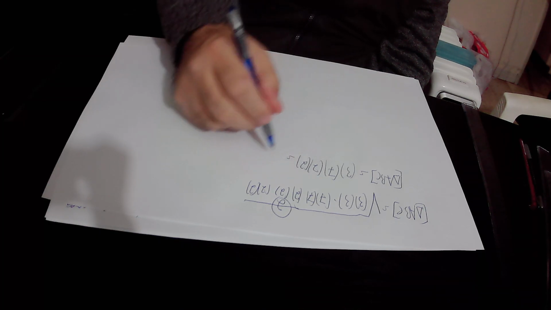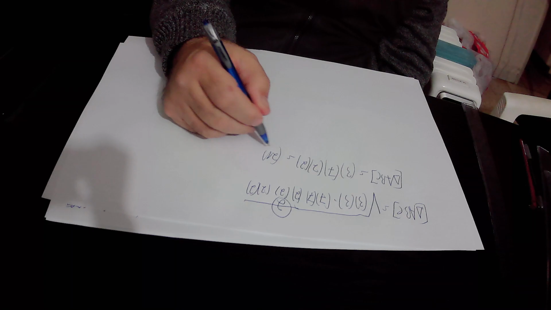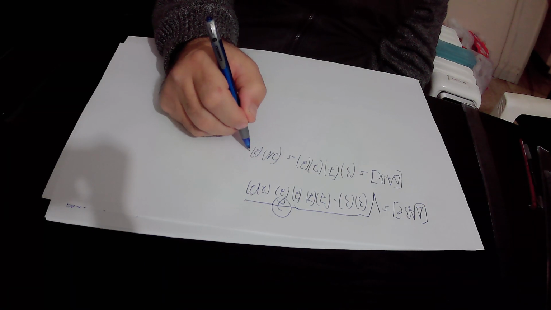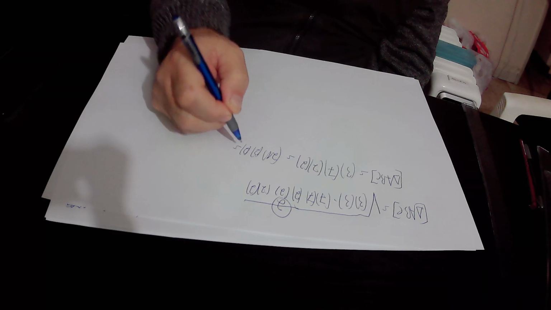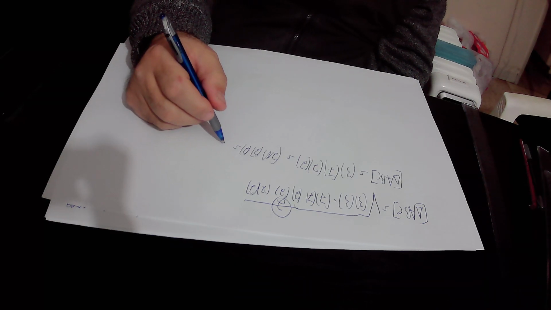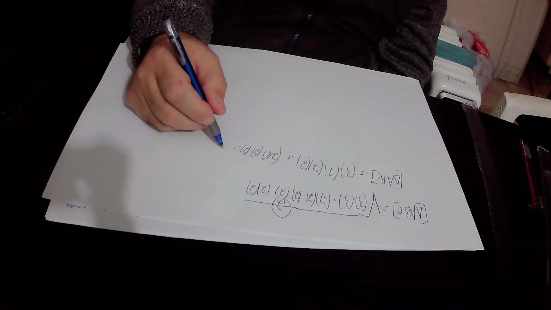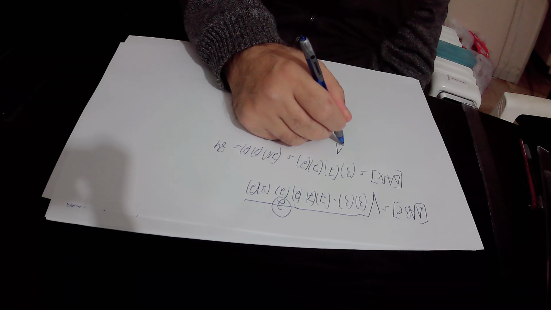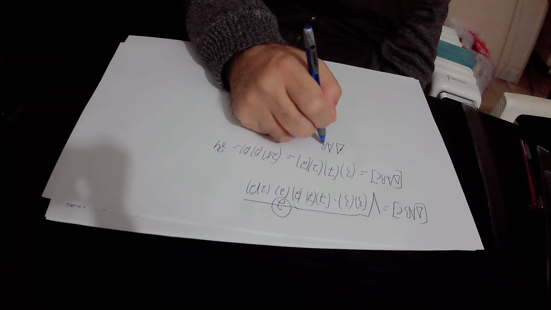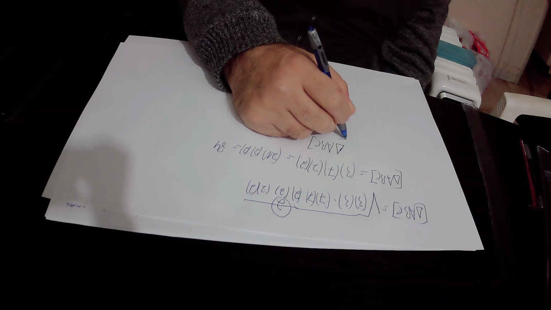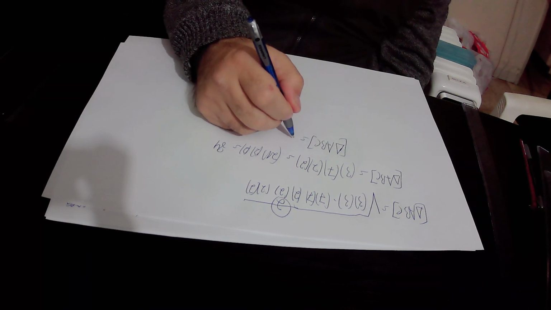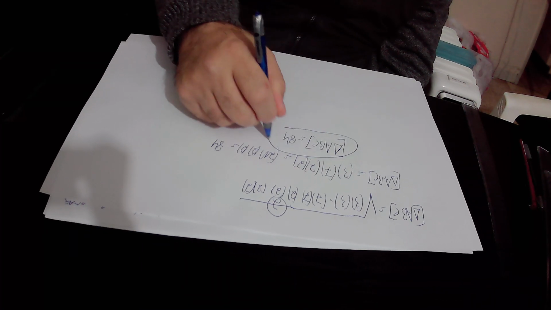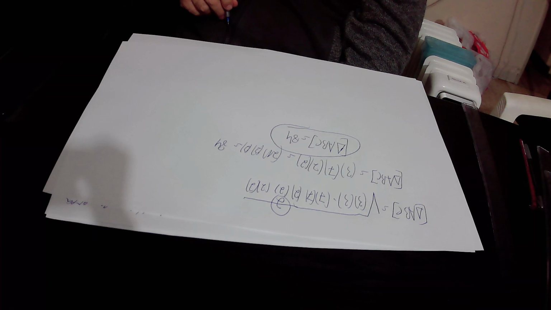So 3 times 7 is 21, times 2 times 2. 21 times 2 is 42, and 42 times 2 is 84. So finally, the area of our triangle ABC, according to rule number 4, is equal to 84 square units. Okay.